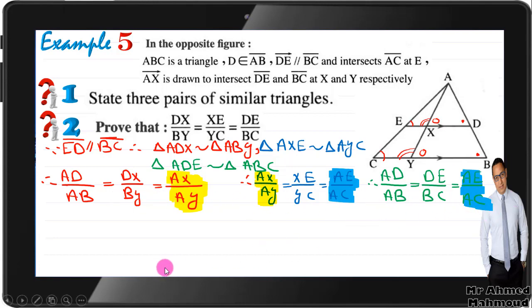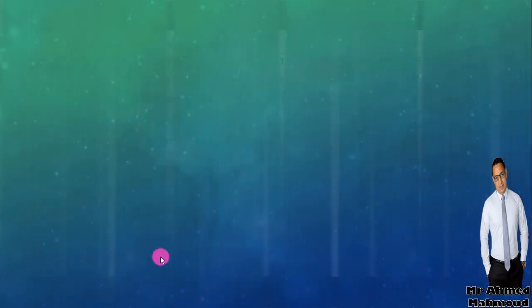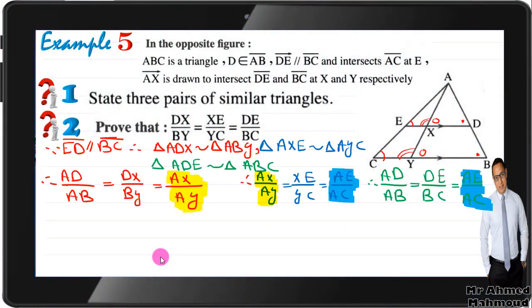What am I going to take? From the 3 ratios, I'm going to take DX over BY from the first ratio, XE over YC from the second ratio, and DE over BC from the third ratio.